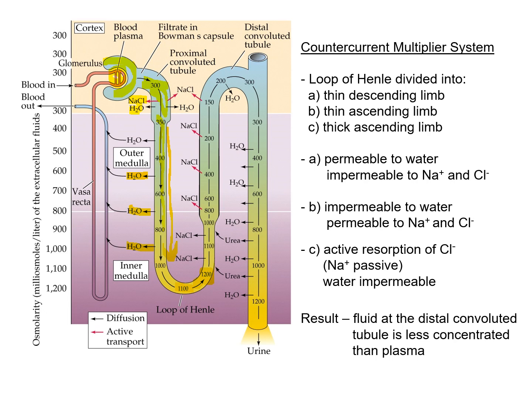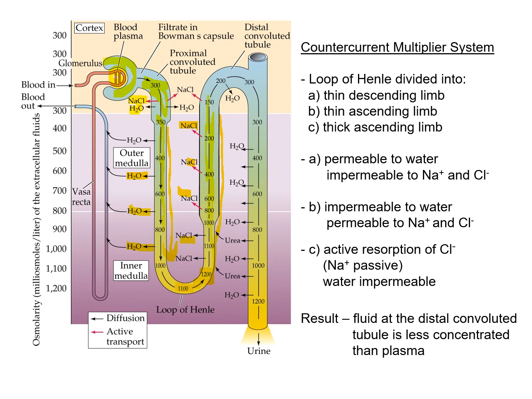And then it moves up the ascending limb, and at that point the ascending limb is impermeable to water but permeable to sodium chloride. So sodium chloride can move out, and therefore the fluid inside, this fluid that was originally filtrated and is now being processed towards becoming urine, drops in its osmolarity.